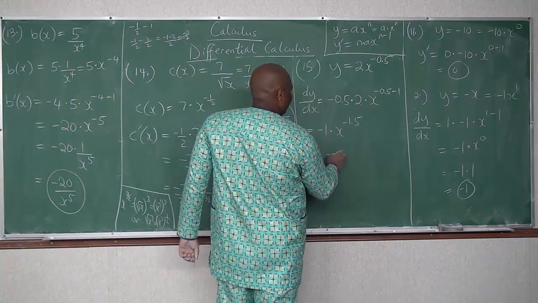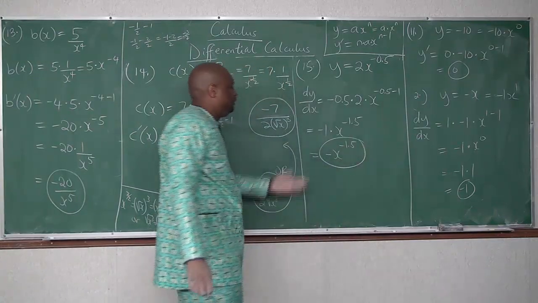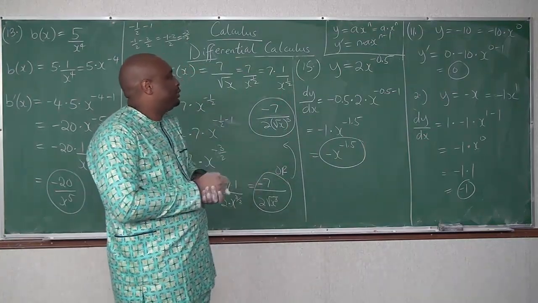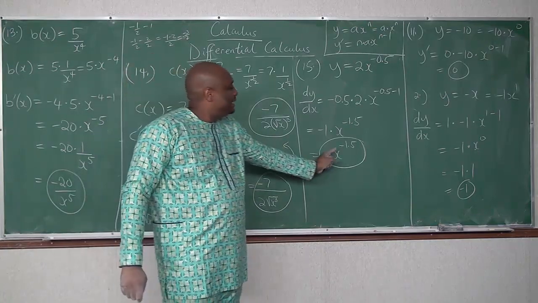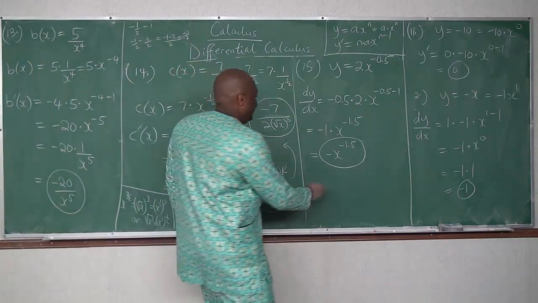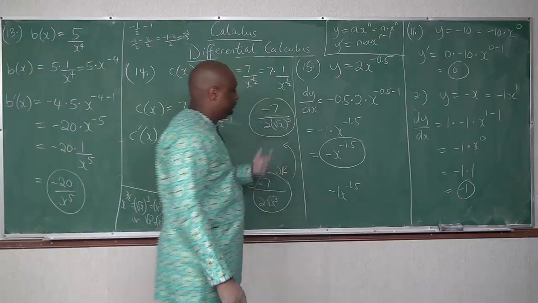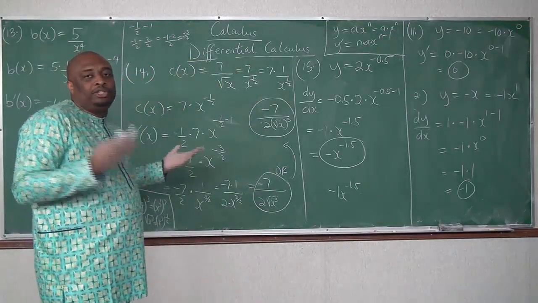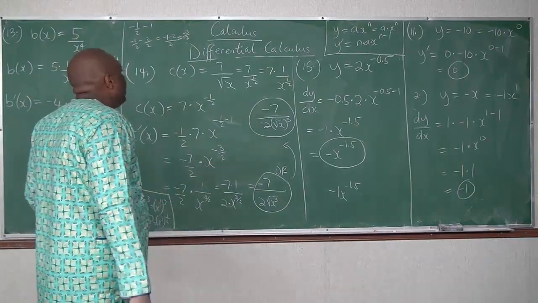So this is just negative x exponent negative 1.5. Or if you want to put negative 1x exponent negative 1.5, that is up to you. That is still okay with me, although you don't need to, because we don't usually put the 1. But if you put it, that's okay.